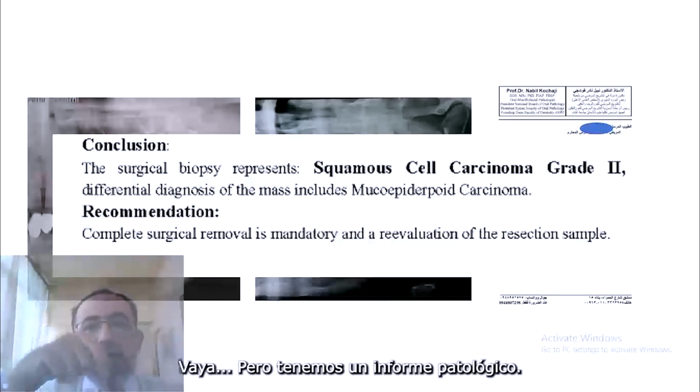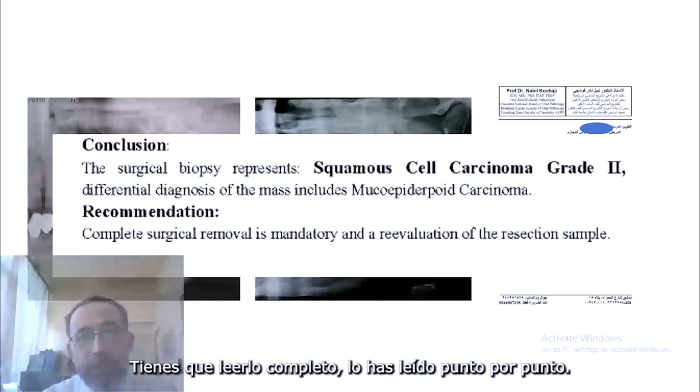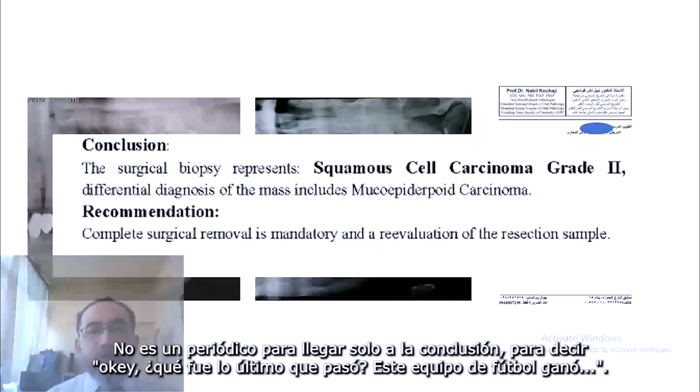Yes, you are, as a dentist, the first line of defense if the pathological report is wrong. You have to read it fully. You have to read it point by point. It's not a newspaper where you go to the conclusion only, to say, okay, what happened last time? Did this football team win?